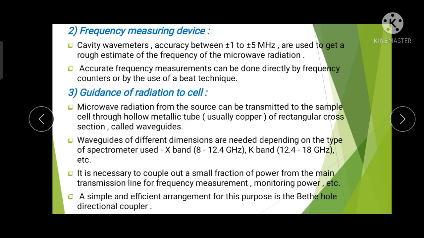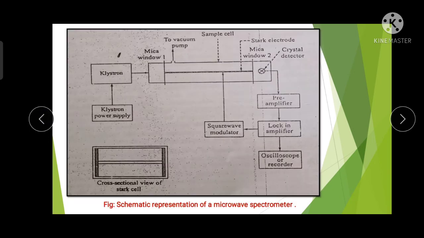That means if we consider this klystron emits the radiation, that is a microwave radiation, and this radiation is given to this tube. The radiation given to this tube goes through this sample, and there is an interaction between the microwave radiation and this sample, and after that there is a generation of a particular signal, and that signal is detected by this detector.